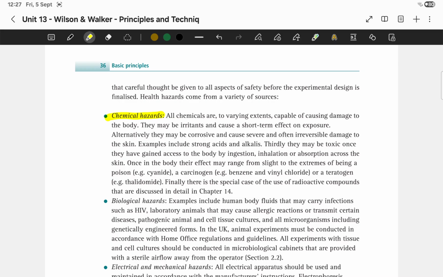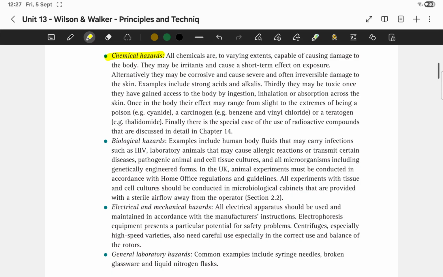Once in the body, their effect may range from slight to extreme, being a poison, for example cyanide, or a carcinogen, for example benzene or vinyl chloride, or a teratogen, for example thalidomide. Finally, there is the special case of the use of radioactive compounds that is discussed in detail in chapter 14.